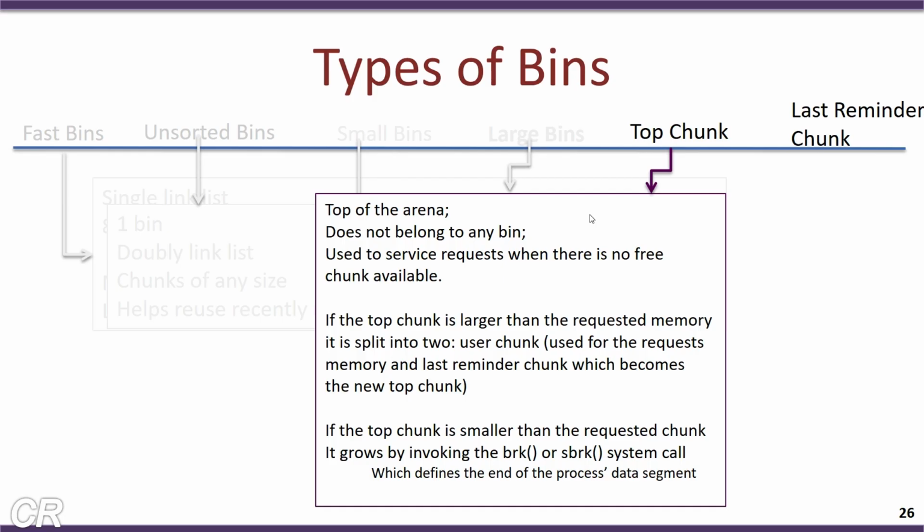Now, if the malloc request was so large that even the top chunk does not have sufficient memory to satisfy it, then the OS gets invoked and a new heap segment gets allocated. This is done using the brk, mmap or sbrk system calls.